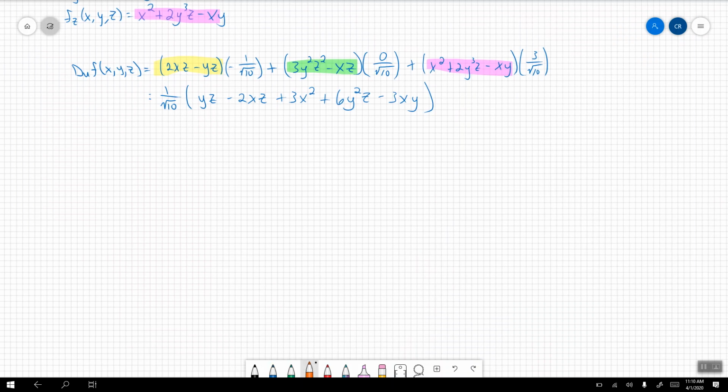Now, the way we're going to make this tie-in is by using the definition that we were, let's say, working with. So, the definition for the derivative, for this directional derivative, looks like this.